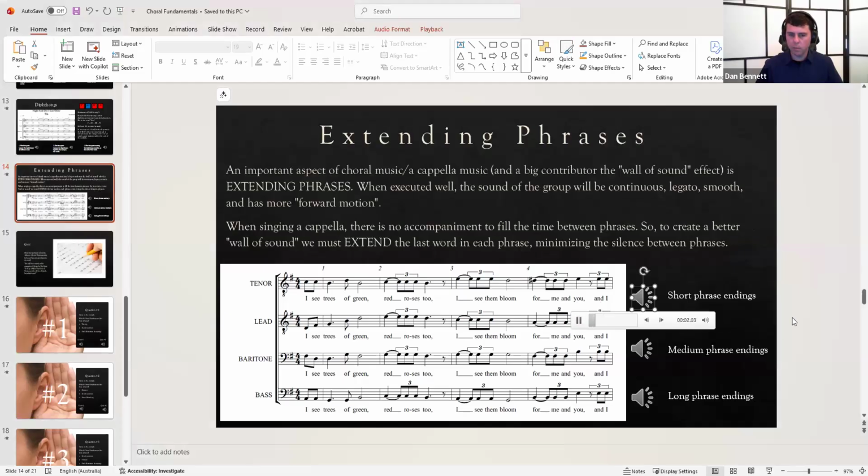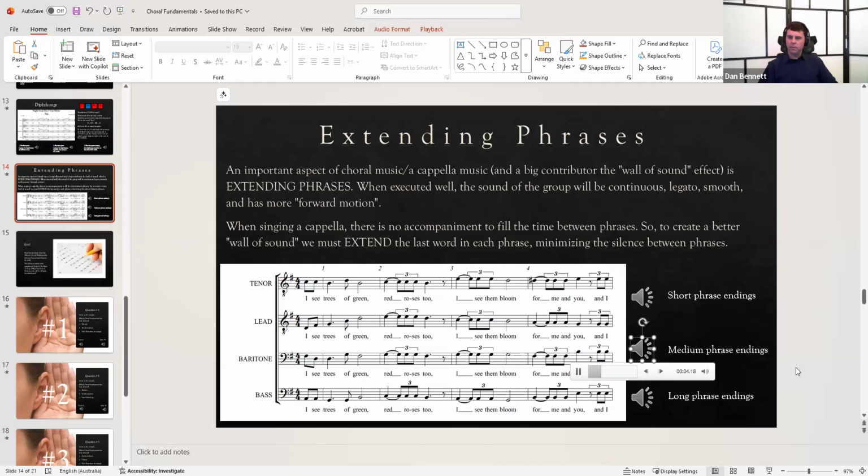I see trees of green, red roses too. I see them bloom for me and you. And number 2, medium phrase endings. I see trees of green, red roses too.